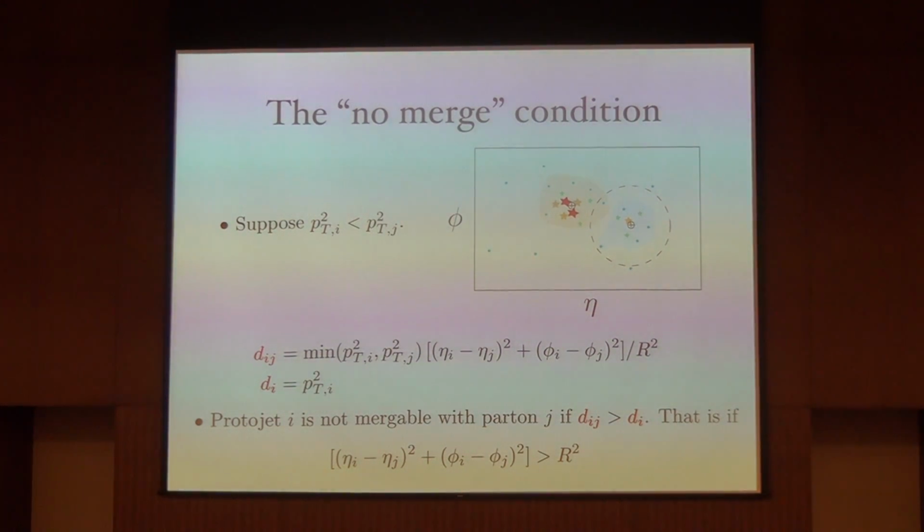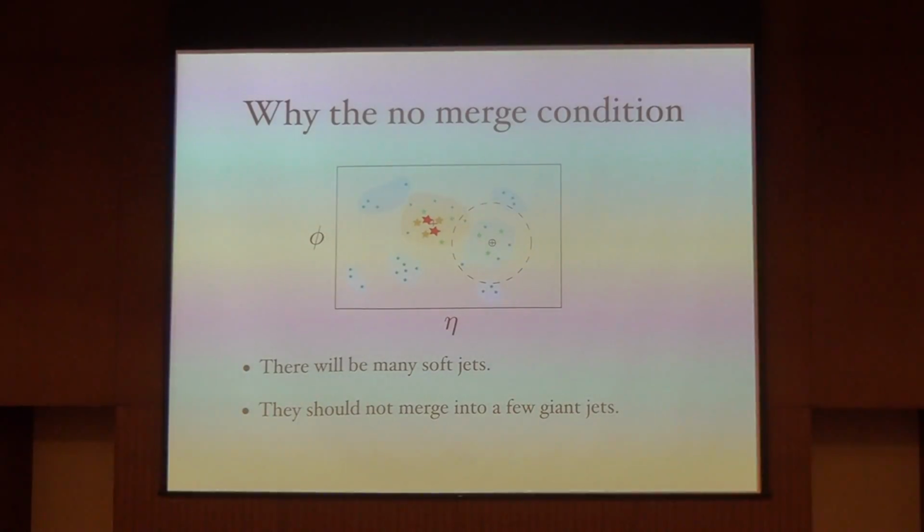So why is that in the definition? It's because if you've got, what's on the next slide? Oh, finally, a lot of protojets. What's going to happen in a real event is there might be a jet that you're interested in. That's this area here with lots and lots of transverse momentum. And then some other particles coming on with only 1 GeV of transverse momentum. It's all around here. Well, the algorithm is going to form those into little jets.